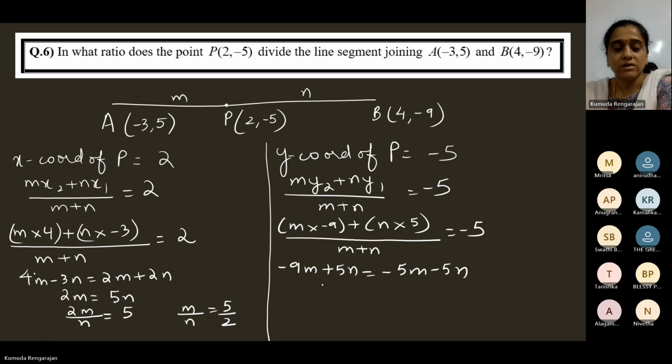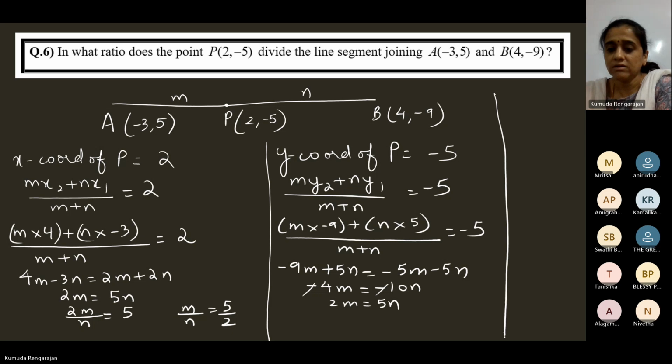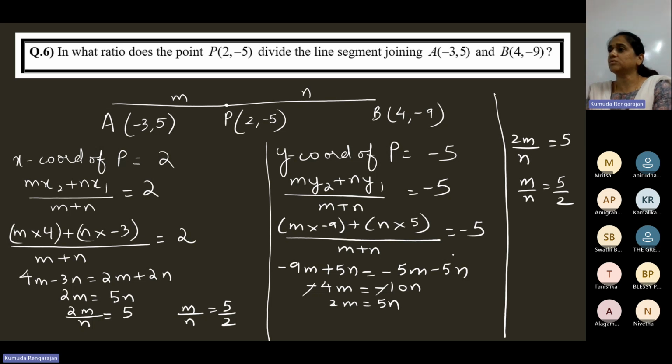Transpose m on one side. So minus 4m is equal to minus 10n. So minus cancels. Then you can simplify this by dividing by 2, you'll get 2m is equal to 5n. Correct? So 2m by n is equal to 5, right? So m by n is equal to 5 by 2. So the required ratio is 5:2.